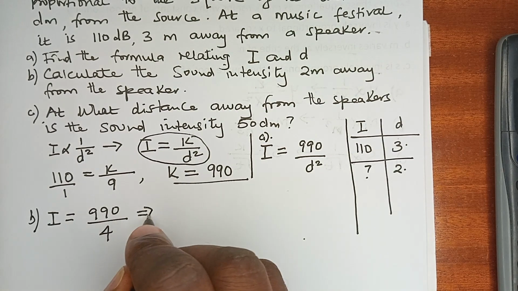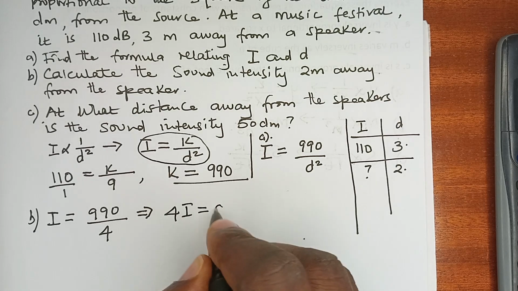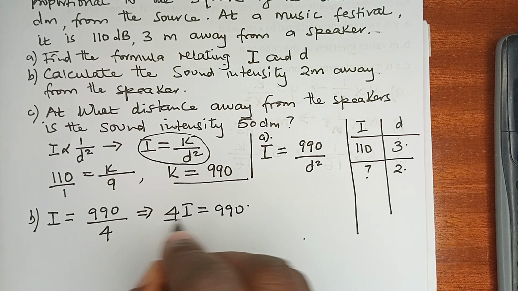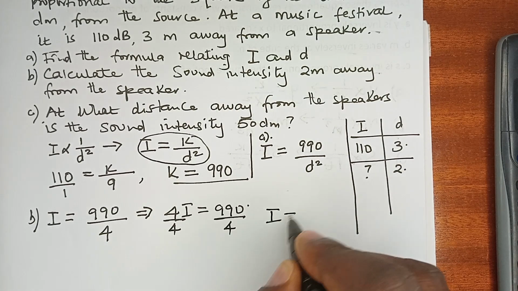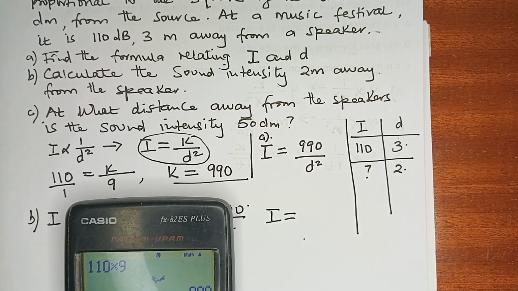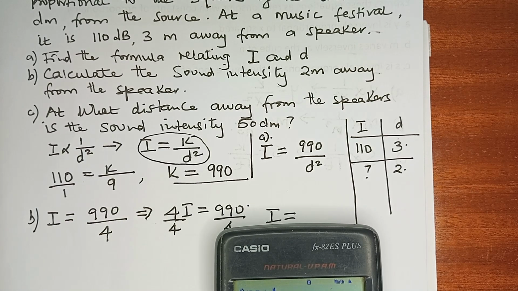After cross multiplication, we have 4I is equal to 990. To get intensity, we divide both sides by 4, and we get the intensity is 990 divided by 4, which is 247.5.